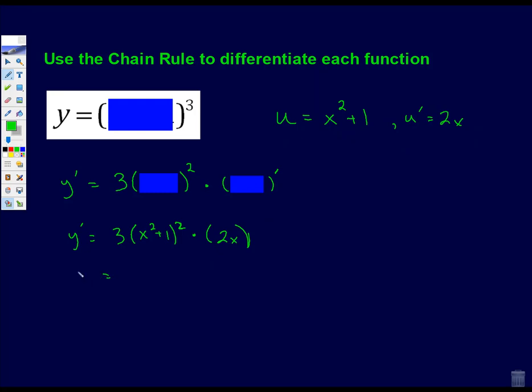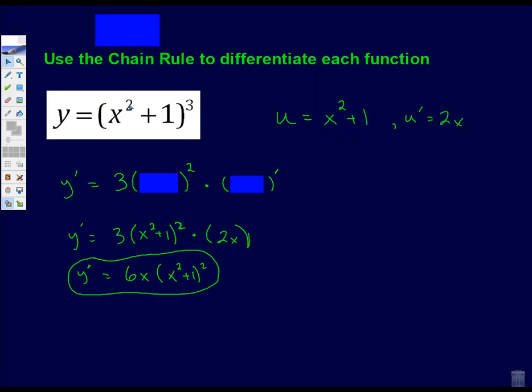Like in the previous one, let's combine the parts that are outside the parentheses. 2x times 3 is 6x. And then I've got x squared plus 1 squared. That would be my derivative. So if I wanted the slope, for example, of the original function, the slope of this function can be calculated with this formula down here.